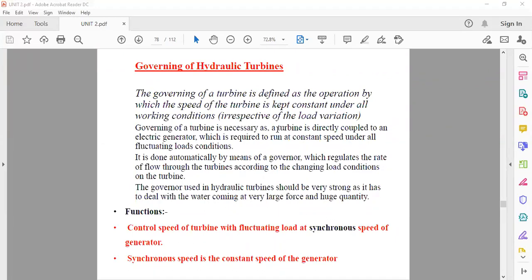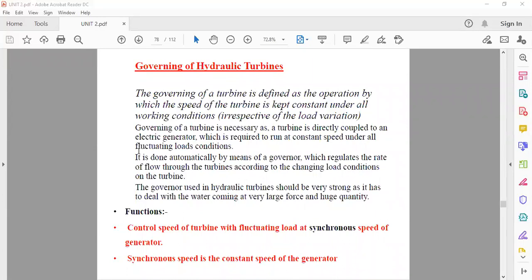This water storage capacity varies continuously, depending totally on the rainy season. So we need to control the turbine speed, or need to make our turbine rotate at constant speed.